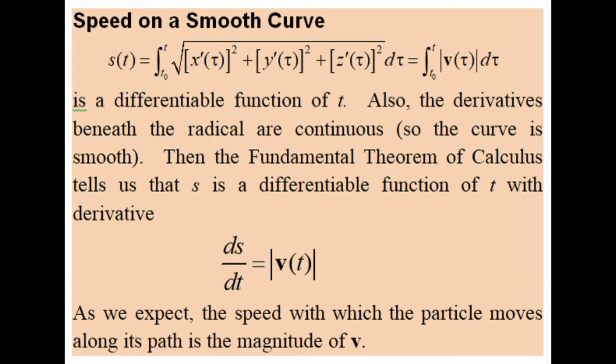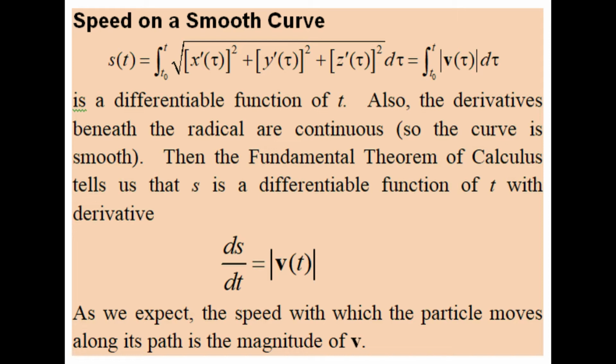In order to discuss the speed on a smooth curve, we note that s of t is a differentiable function of t. Also, the derivatives beneath the radical are continuous, so the curve is smooth.